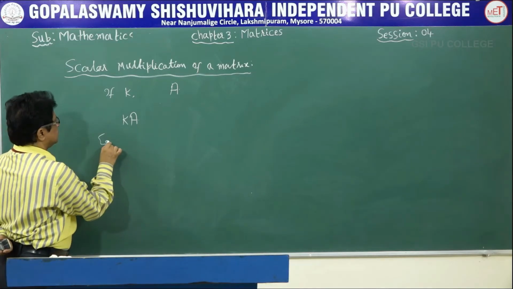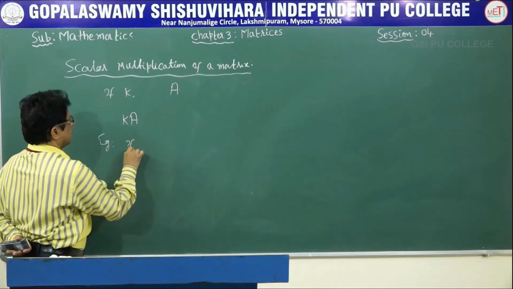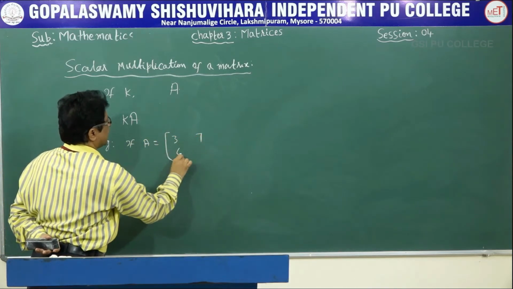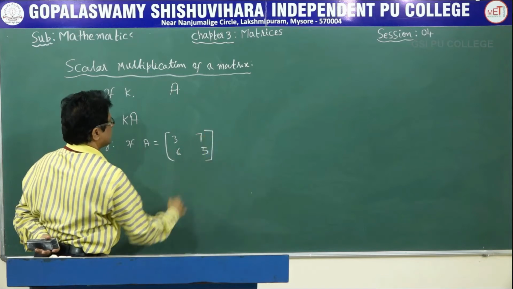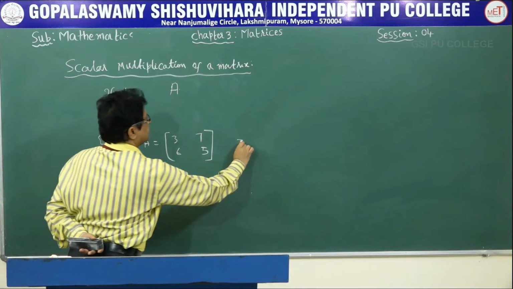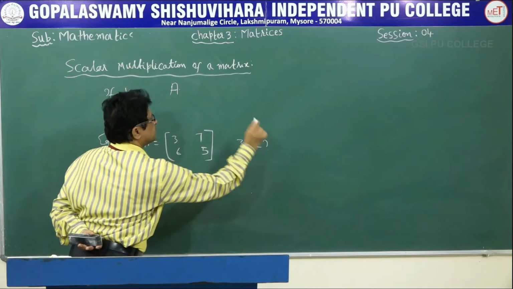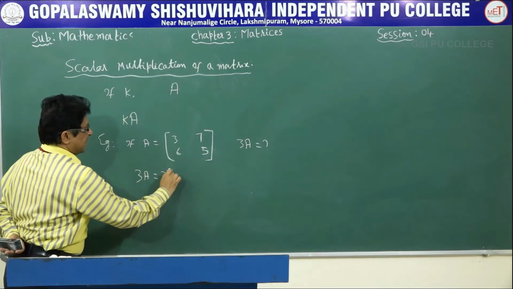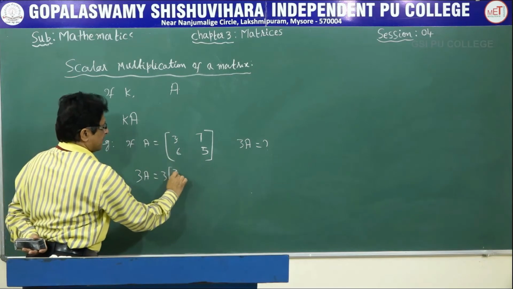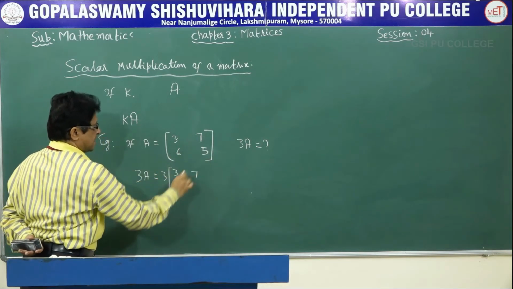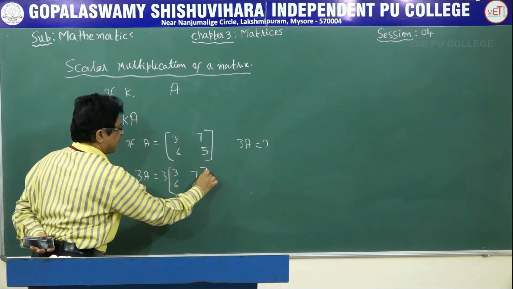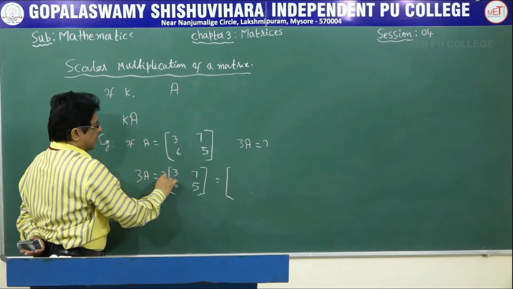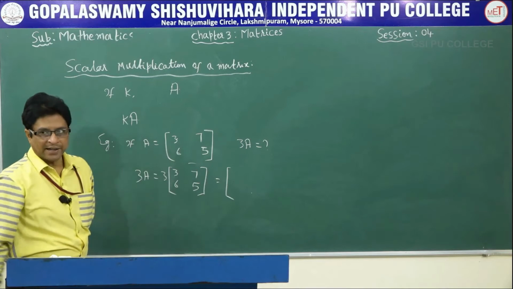For example, if A equals 3, 7, 6, 5. Suppose if you want to find 3A. So 3A will be equal to 3 into the matrix 3, 7, 6, 5, which will be equal to 3 is multiplied to all the elements of the matrix.